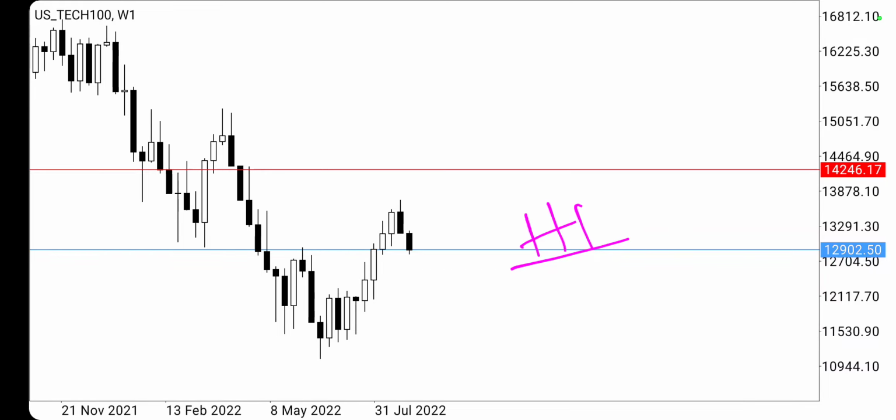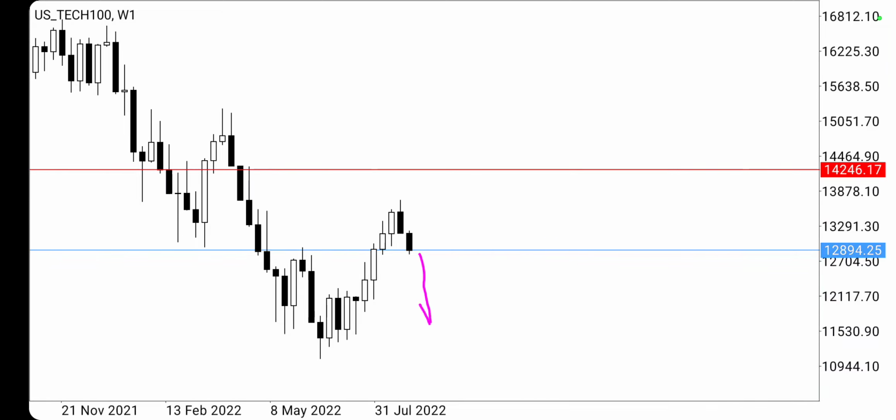If my H1 is saying I must buy, but I find that I'm inside a weekly resistance, where am I buying to? Already I'm inside a pool of sellers, and I'm trying to find a trade with just a small pin bar that I saw on H1. It's not a good thing. Which is why all these concepts must link together. So that's all that we have on this one.